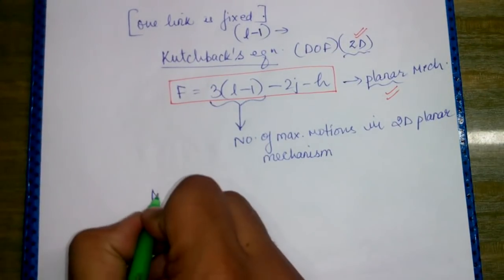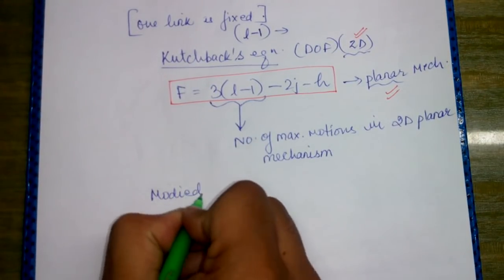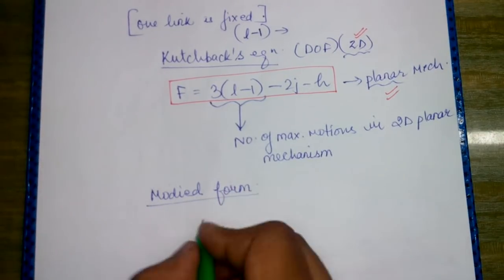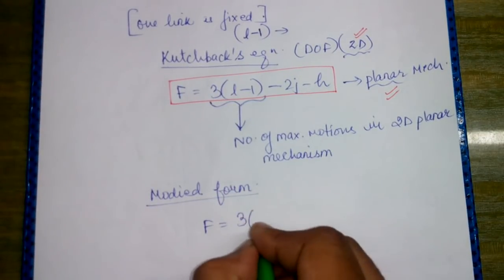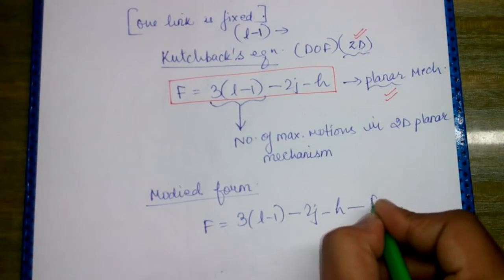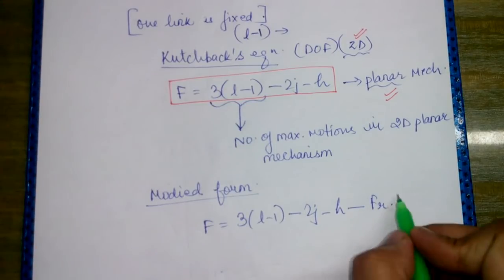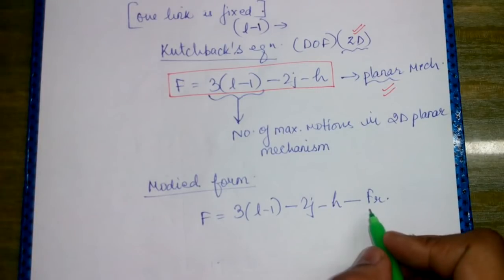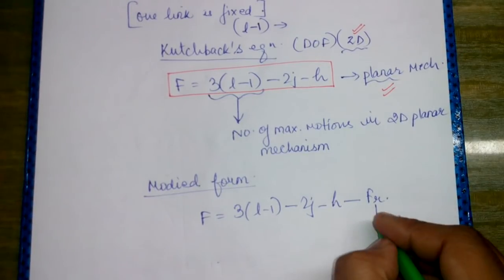However, later on a modified version of this equation was also introduced, and in the modified form we had F is equal to 3 into L minus 1 minus 2J minus H minus FR. Now this FR term was introduced here. It is actually the number of those motions which are not a part of the mechanism.